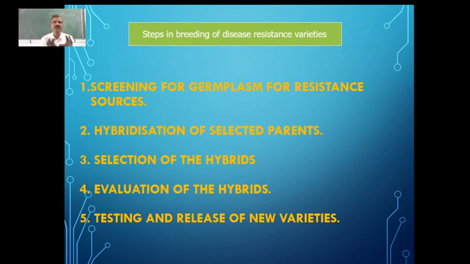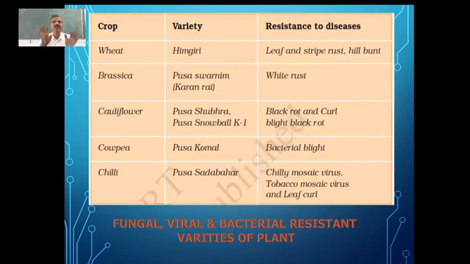So the new variety with the desired resistance against a specific pathogen, maybe some specific fungi, maybe a specific virus, is going to be developed like this. We have developed so many varieties of plants which are resistant against diseases.